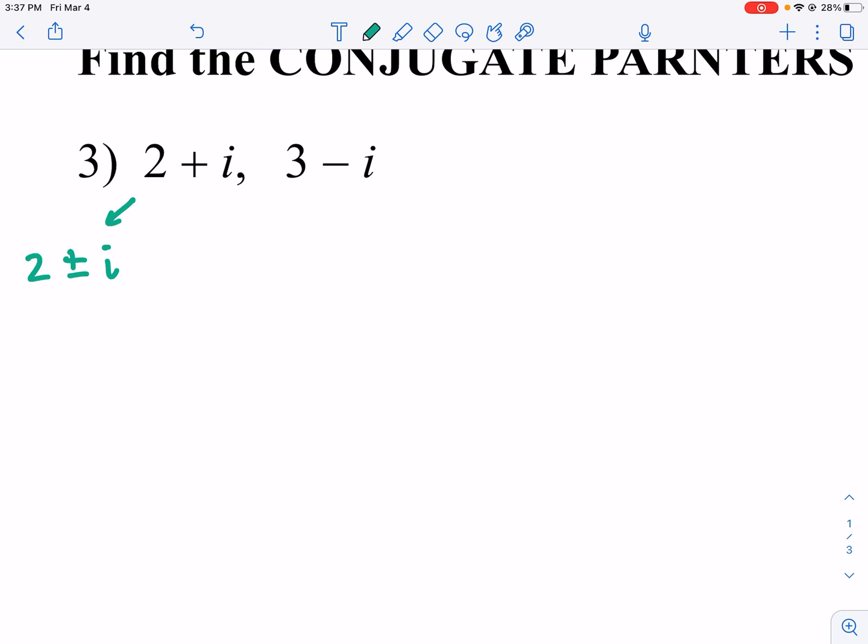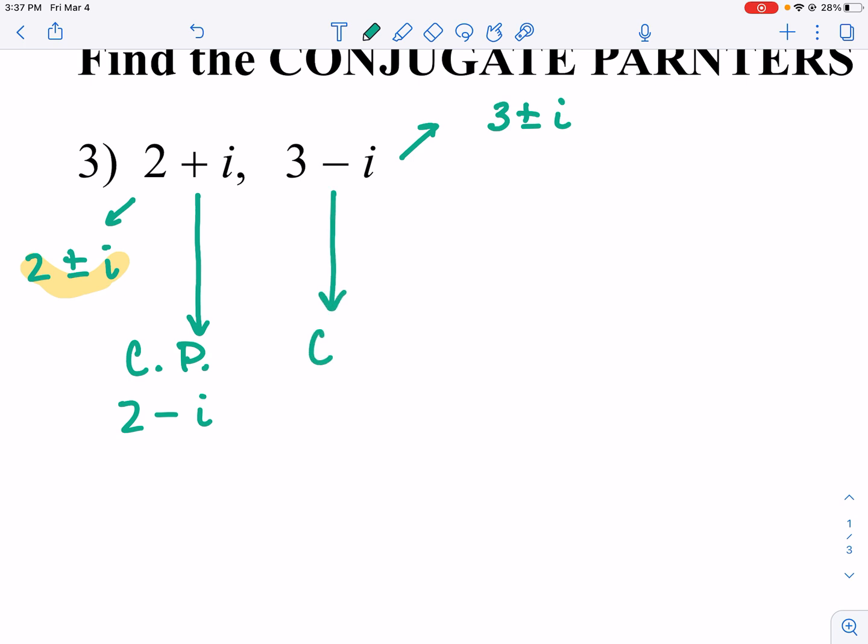So you would have to list its conjugate partner. Its conjugate partner is 2 minus i. That's just me going the other way on that plus minus sign, okay? Or with this one, this would have been from 3 plus or minus i. So this conjugate partner would be 3 plus i, meaning we're going the other way on the plus minus sign.